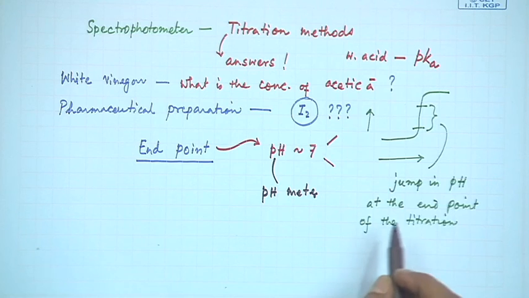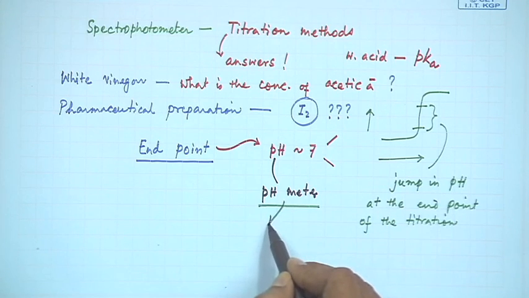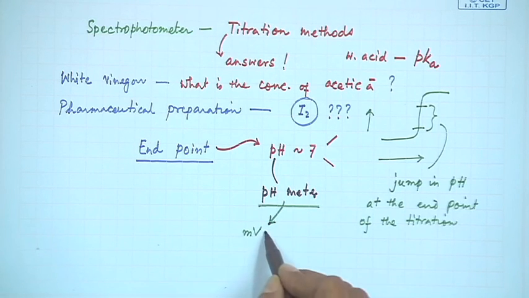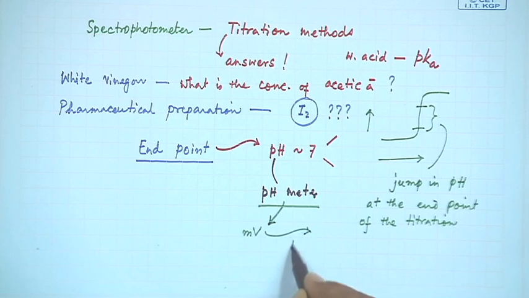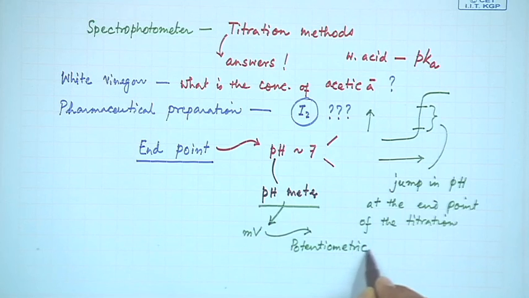Is there another alternative method we can use without using the pH meter? Because this pH meter can be switched to millivolt also, that gives rise to our potentiometric titration, which is nothing but potentiometric titration.